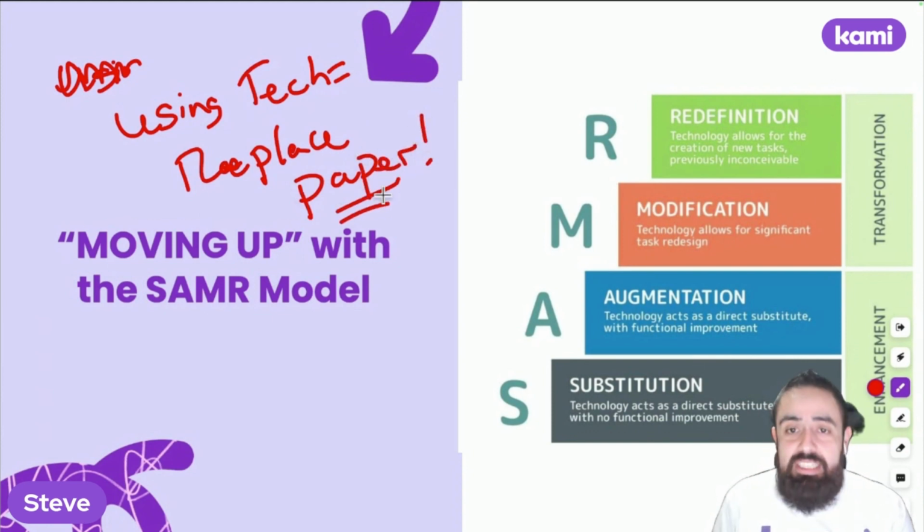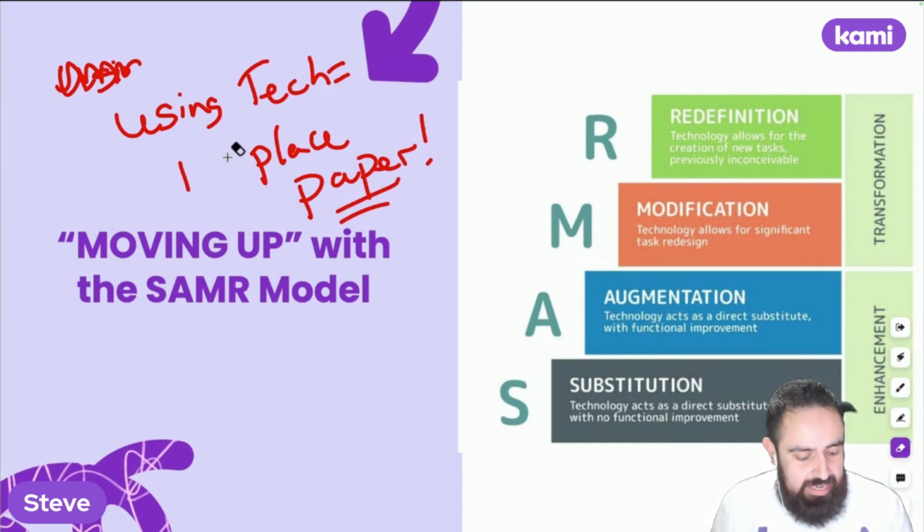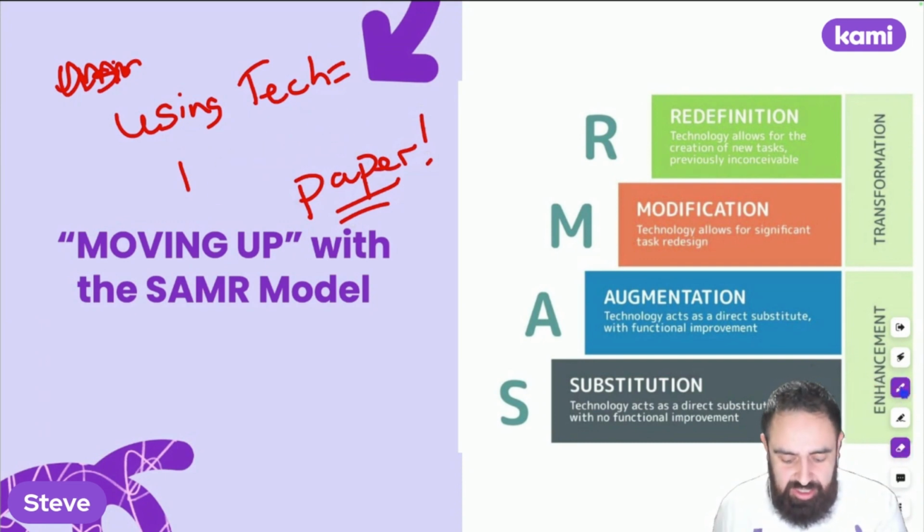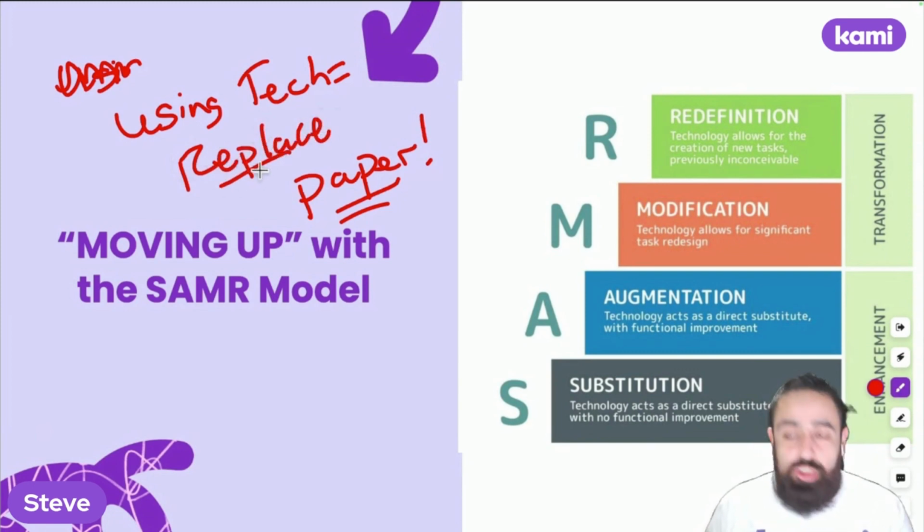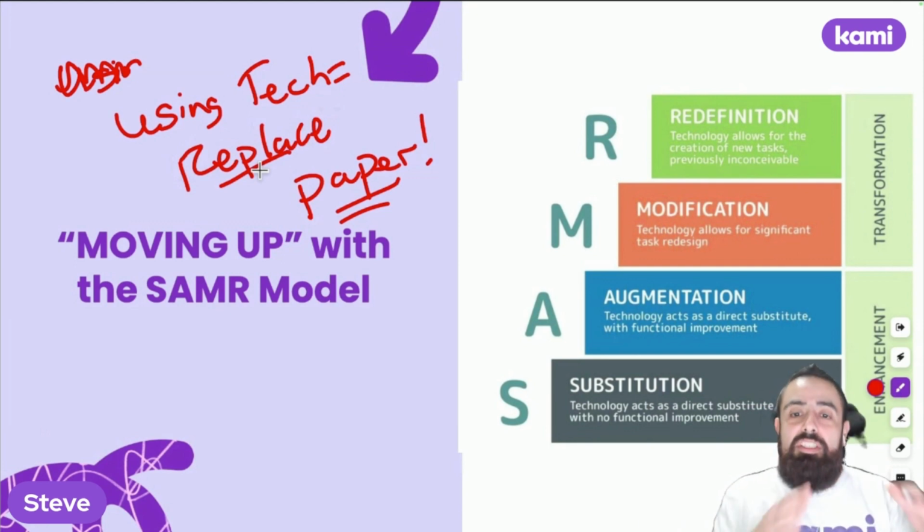While using technology for more logistical purposes is nice, it would be good of us as educators moving forward to think about how we can really use technology to do more in the classroom, transformatively. The SAMR model helps us think about doing that and achieving that.